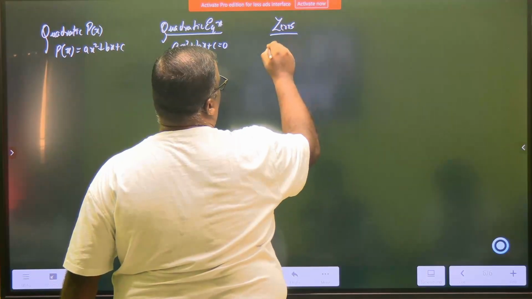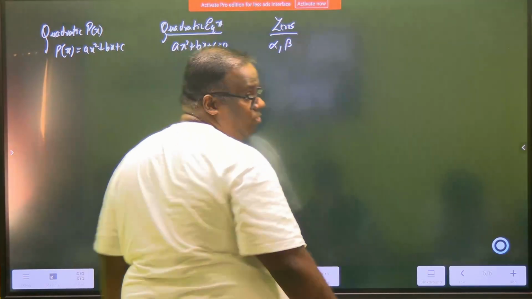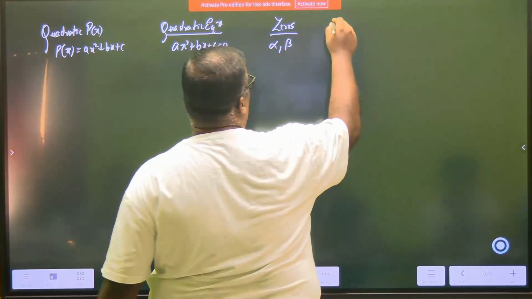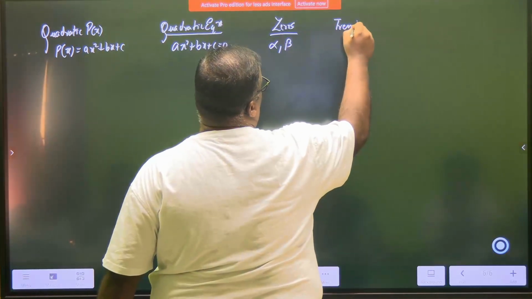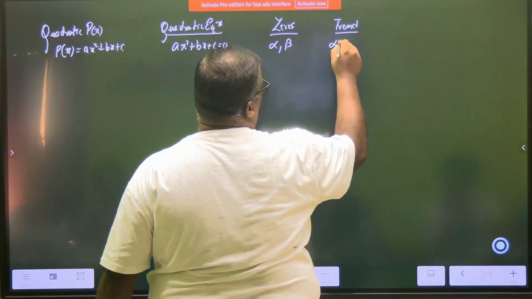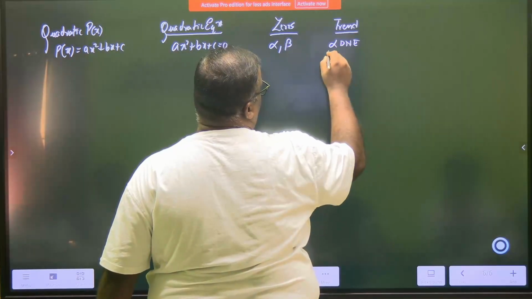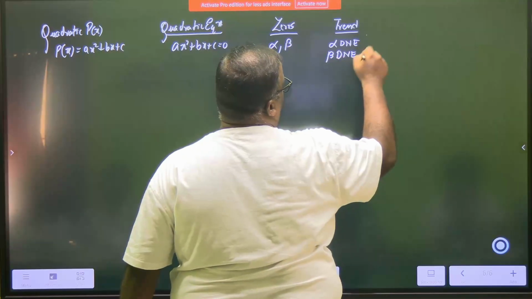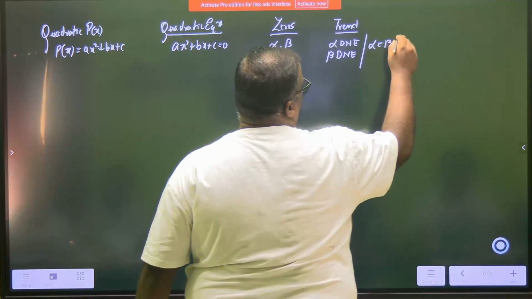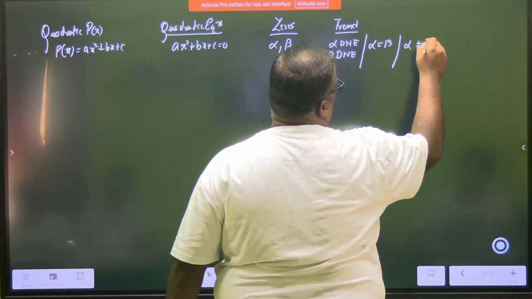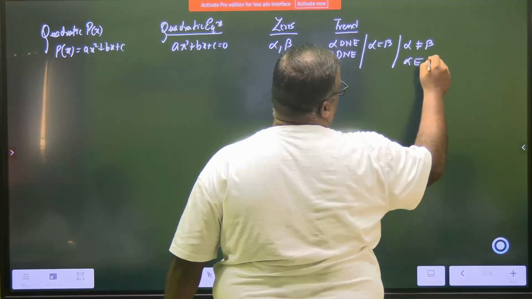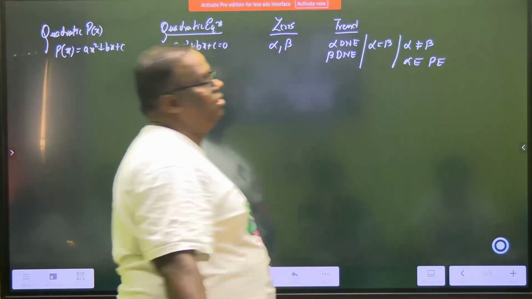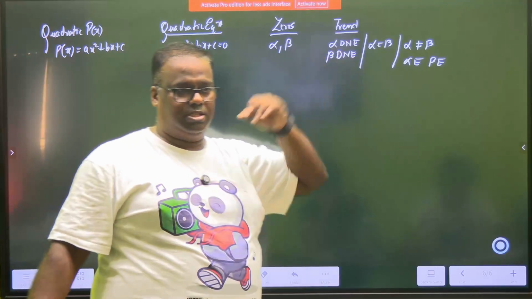Sir, in this type of equation, you can have only 2 zeros, alpha and beta. What is their trend? Alpha does not exist and beta does not exist, or they can be alpha equal to beta, or they can be alpha not equal to beta. Alpha exists, beta exists. DNE means does not exist.